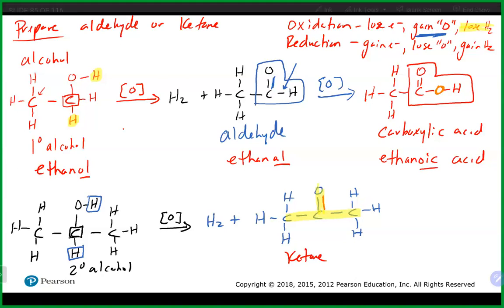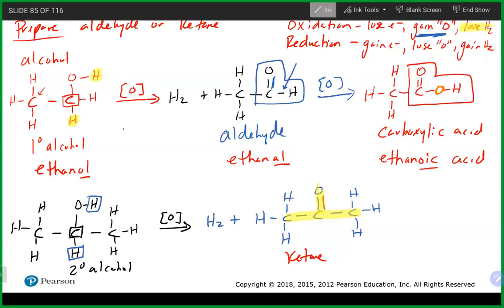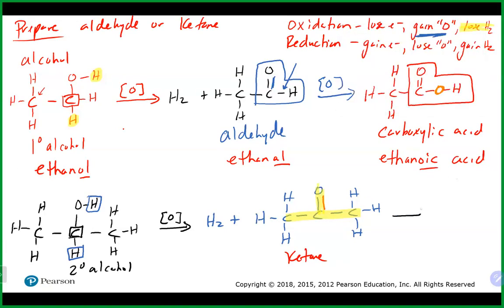Now, if you wanted to oxidize your ketone one more time, no reaction. The reason you have no reaction is, frankly, this guy right here has no hydrogen. And it's essential that it needs a hydrogen for it to work. And because it has no hydrogen, you cannot oxidize it any further.